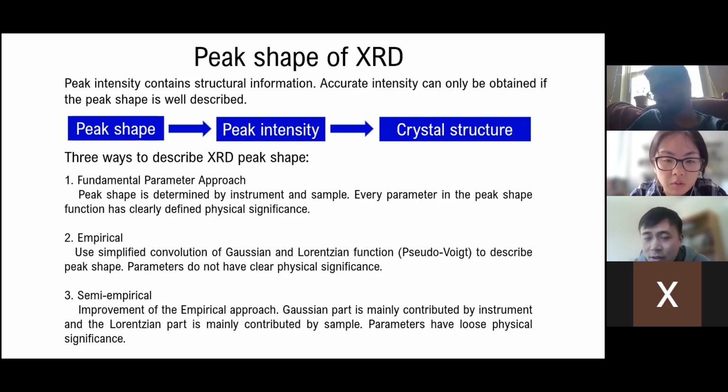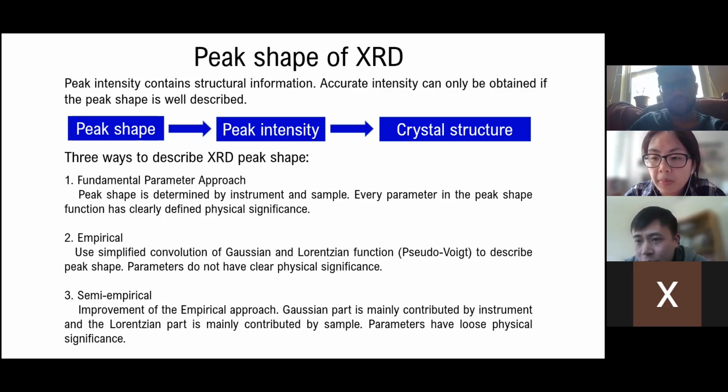Another historical fact related to this is the first Rietveld refinement. I think Rietveld refinement is very well known these days, and the person who first pioneered this work is Hugo Rietveld, who is from the Netherlands, and he was working at a neutron beamline.